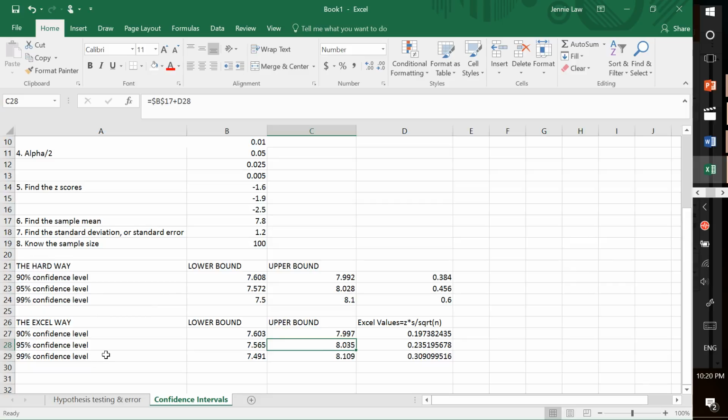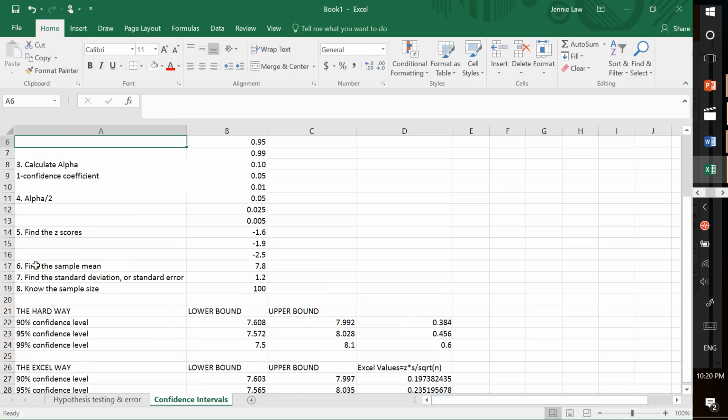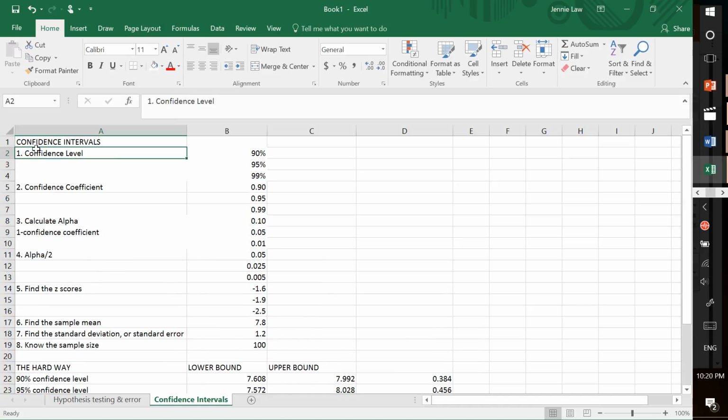For the exam, what I'm really concerned about is that you understand the intuition. So what are the elements of the hard way? You should know what the confidence level is. You should know what the confidence coefficient is, how to calculate alpha, how you might go and find that alpha divided by 2 is actually the area under the tails on the Z density curve, or with the Z-score of a normal distribution, and that you can use your knowledge about the probability to find the Z-score, which we showed you here.